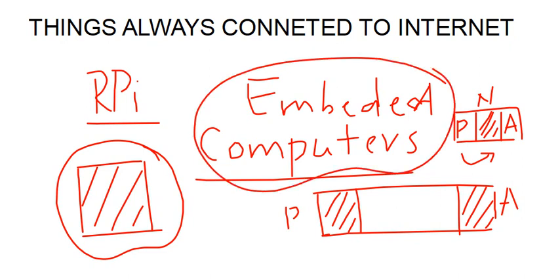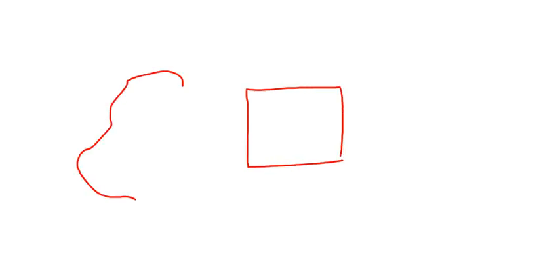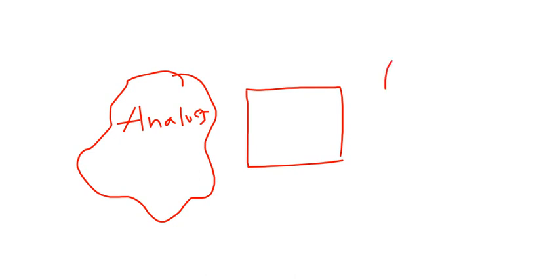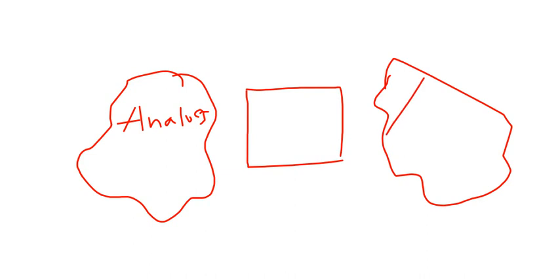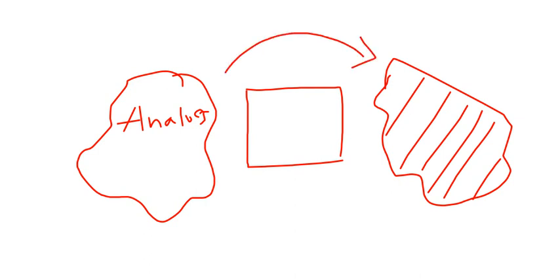Now that you have these embedded computers, let us look at one more diagram. This is my embedded computer, wherein you have one entity where different analog quantities are being measured. Then you have your cloud, or the different services you can take from the cloud. The establishment of the connection between these two takes place with the help of these embedded computers, as I have already told you.